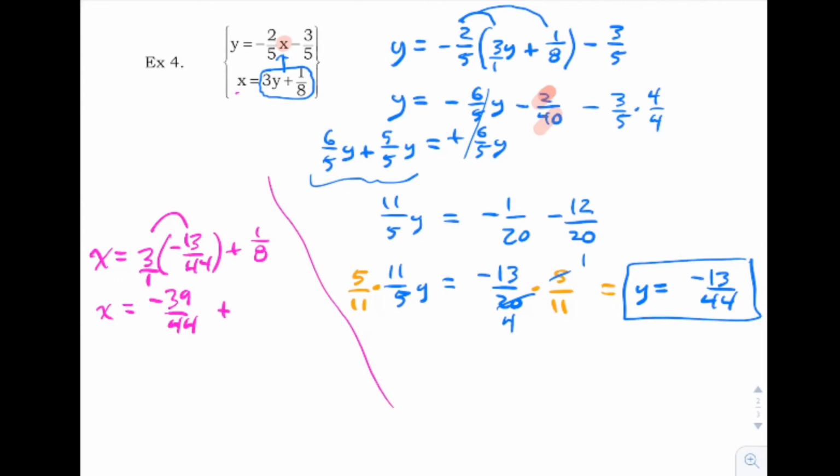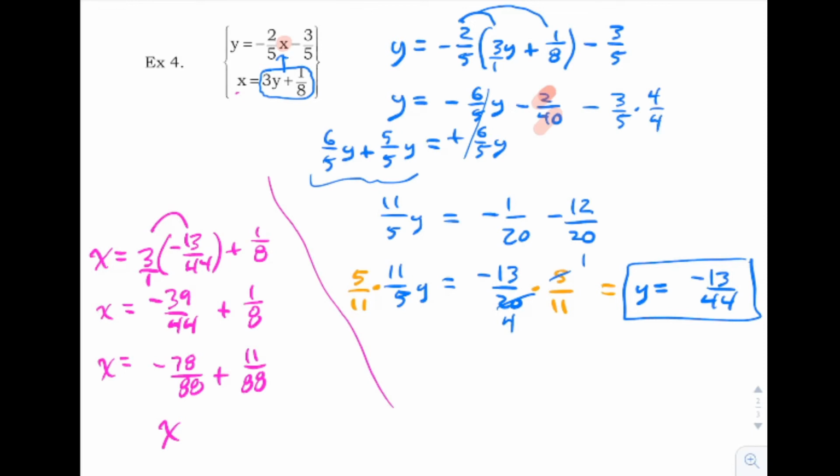Plus, well, it's hard to make 8 into 44. I'm going to have to use a bigger common denominator. I'm going to have to double the negative 39 to get a negative, what is that, 78 over 88. So that way I can multiply top and bottom over here by 11 and get 11 over 88.